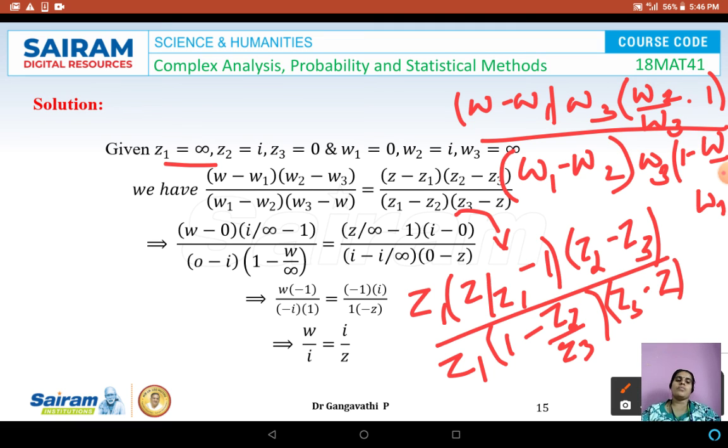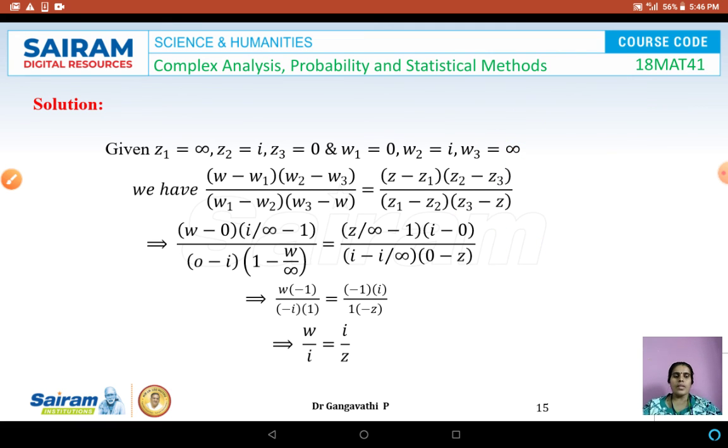So this is the term. So substitute the suitable points which have been given in the problem for us. So once we do so, we get i by infinity and here z by infinity, i by infinity. And if the infinity comes in the denominator, 1 by infinity is 0, we all know very well. So this term becomes 0, this term becomes 0, this term becomes 0 and this term becomes 0.